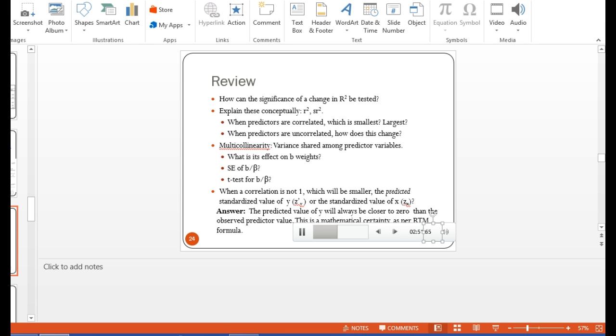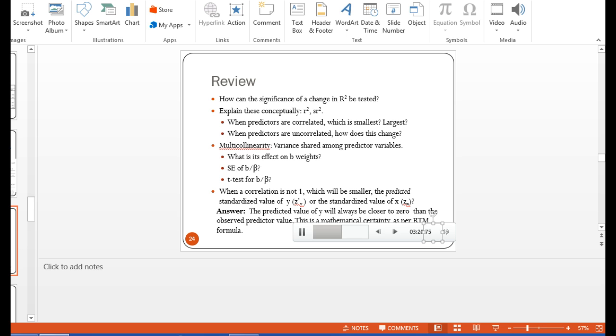So again, when the predictors are correlated, our semi-partial will always be smaller than our bivariate effect size, R squared. When the predictors are uncorrelated, when they're pulled apart, and they're completely orthogonal or independent, the semi-partial and the bivariate squared are equal. Okay, so they are exactly the same, and you can see that in the Venn diagram as well.